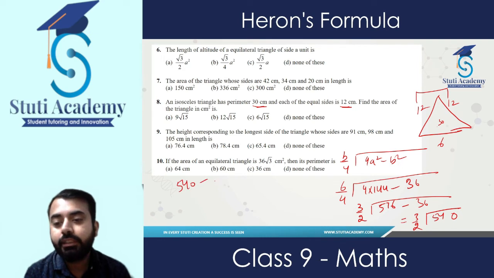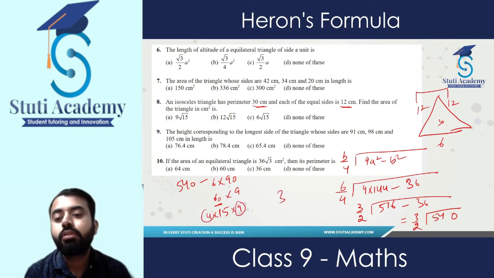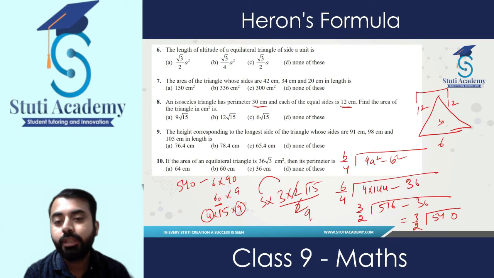I can write it like this: 6 into 90. Or you can say 9 into 60. In 60, can I write it like this? 15 into 4. Now I know square root of 9 is 3. Square root of 4 is 2. 3 into 2, root 15, over 2 multiplied by 3. This will cancel out. You will be getting 9 root 15 as the answer. The answer is option A.